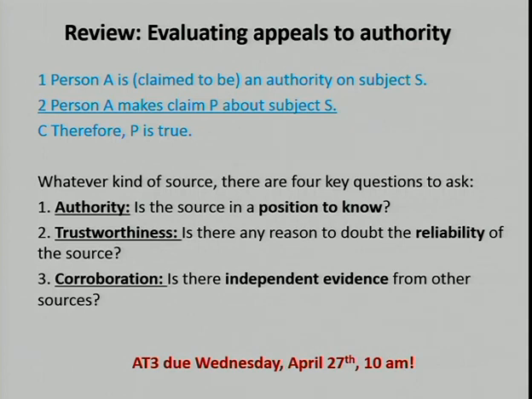But for the evaluation part, the main three things, both in general and for the assignment task, are going to be these three questions.